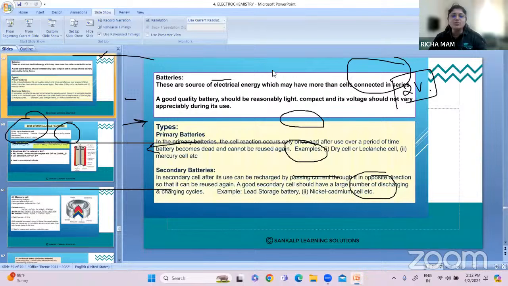For all the batteries you need to know the anode, the cathode, the overall cell reaction, the construction and working. But most important, asked repeatedly in the exams, are the lead storage battery and the dry cell. Is it clear up to here? Yes. So this completes our batteries.